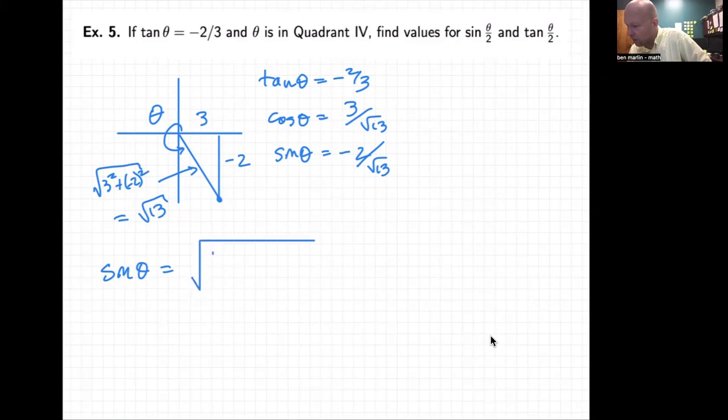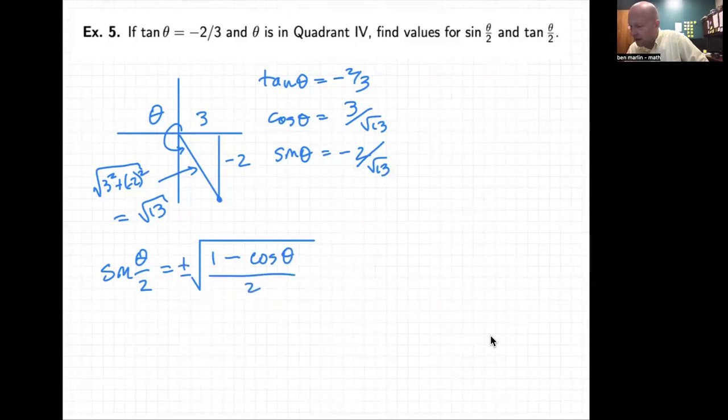Square root of 1 minus, apologies, we were doing sine of theta over 2. Okay. 1 minus cosine theta divided by 2.